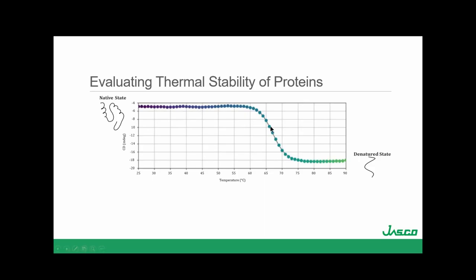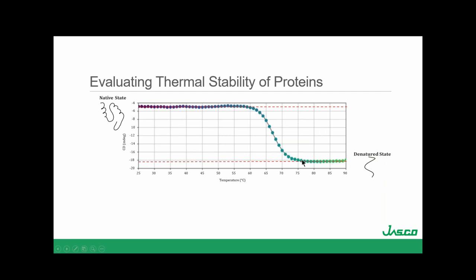So what we see here is actually CD data in millidegrees versus temperature at a particular wavelength. We're looking at the native state of the protein here at this top platform. We have a transition, and at the end point here, we have the denatured state.